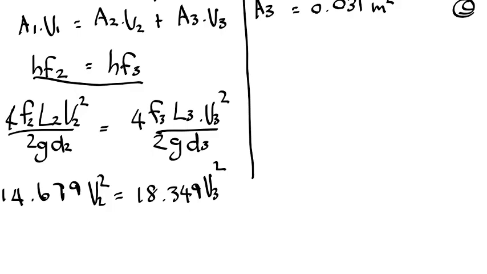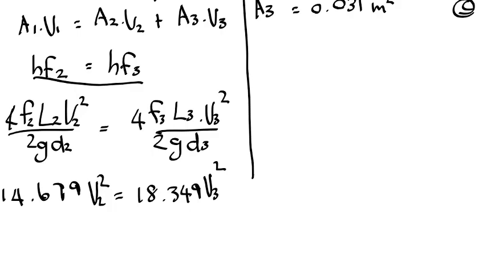You simply go and take the 4 times the friction coefficient for pipe 2, which is 0.009, times the length of pipe 2, which is 2 kilometers, so that's 2,000 meters. Okay, so that part you have, and you divide it by the 2 times the gravitational acceleration.